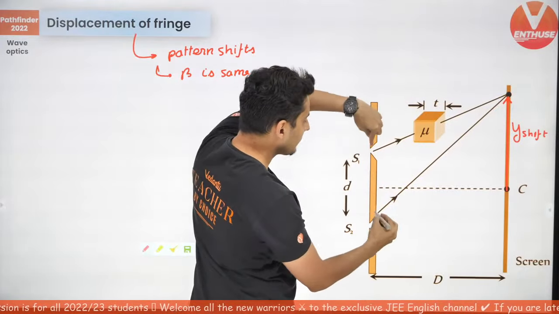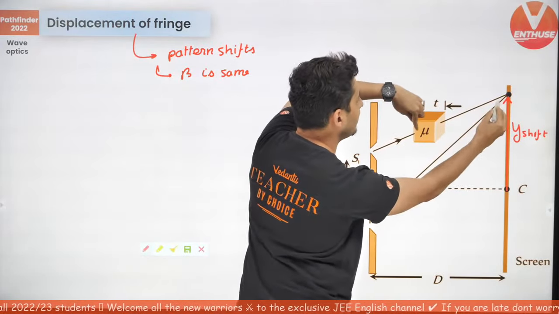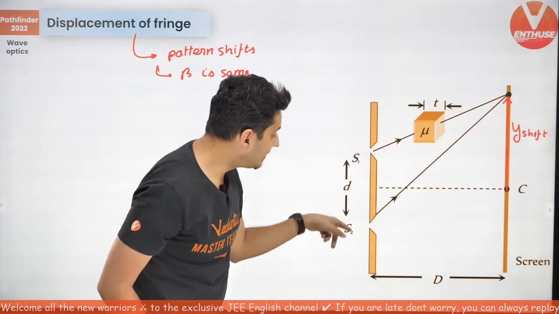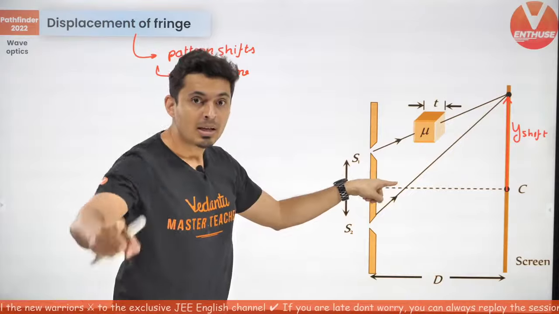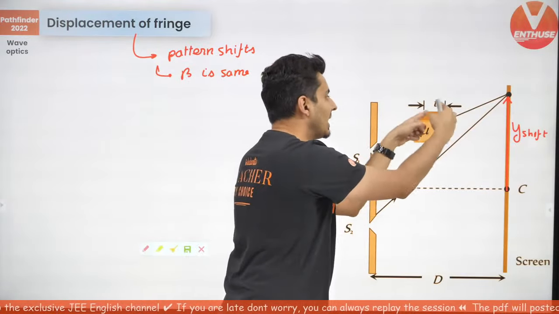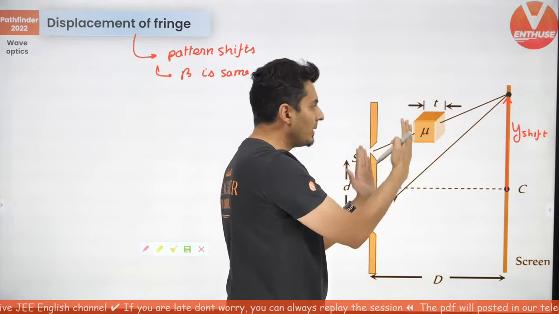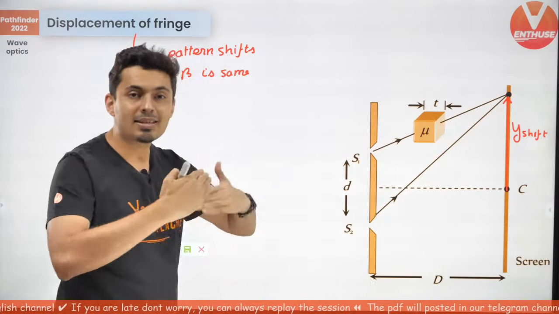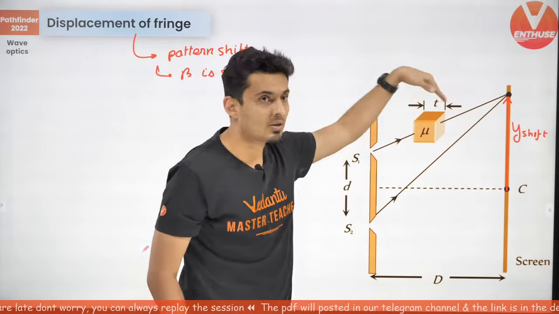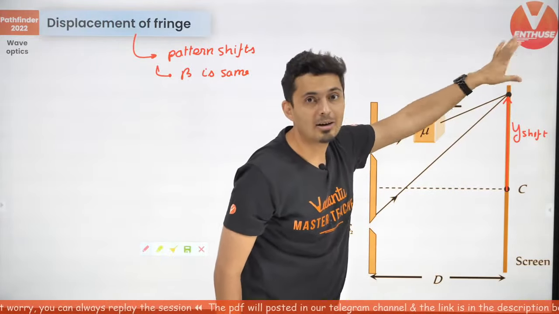Ignore the slab, the ray too has to travel more distance. There is some path difference associated. That extra path that ray too has to move, that much path difference, if it is created because of the glass slab, which is going to make it slowed down, that will exactly compensate at that particular point. So that's where you will have the central maxima.